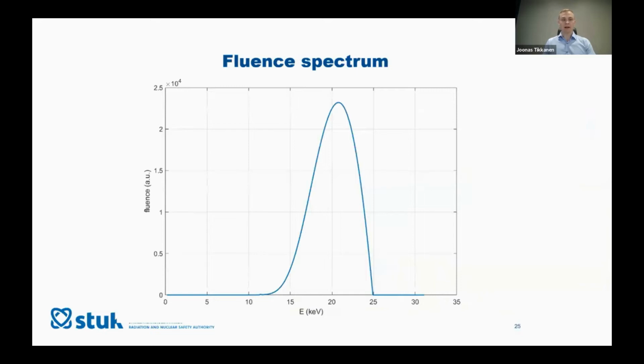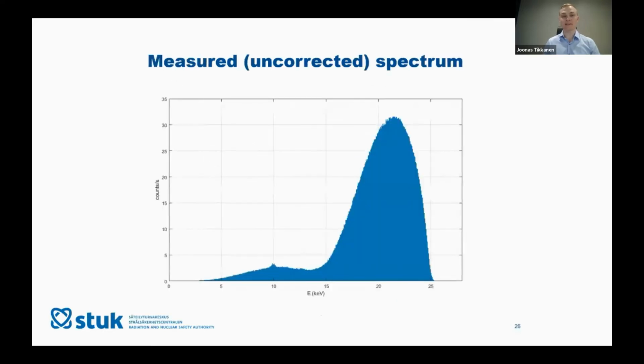So now we have measured our spectrum, but what is the problem? Here you can see a simulated spectrum of ISO N25 quality, and it should look approximately like this. But when we measure it, we get something looking like this. So what is wrong here?